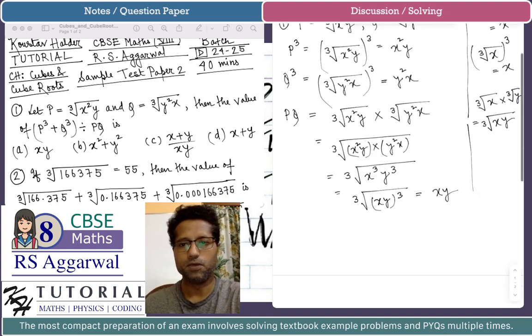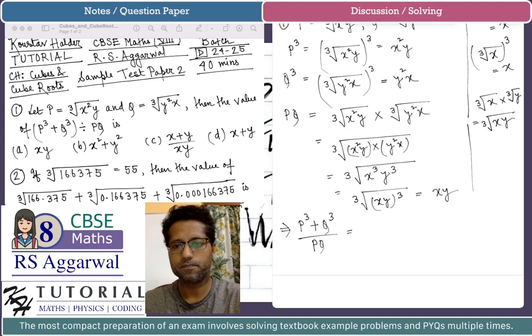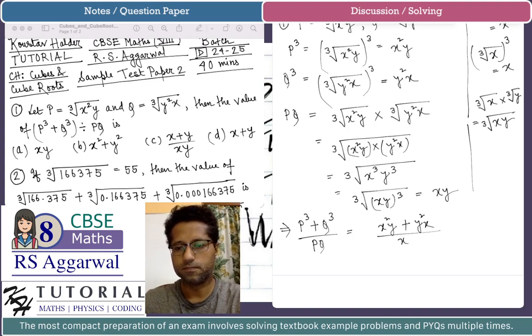So we have found P cube, Q cube and PQ. Therefore (P cube plus Q cube) divided by PQ is equal to, P cube is x square y and Q cube is y square x and PQ is xy.